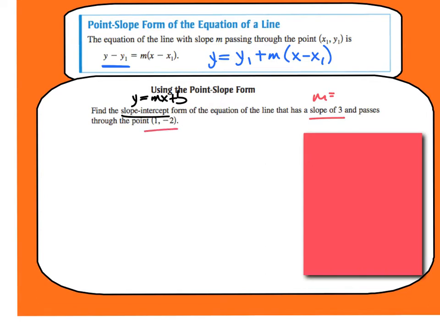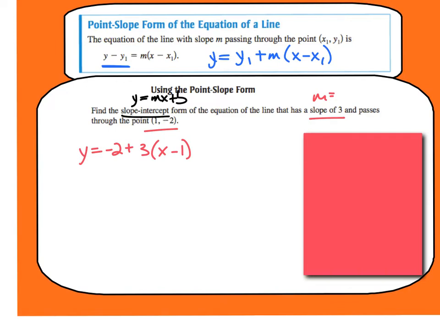So it's a point and a slope. I'm going to use point slope form because that's what they gave me. So y equals, well, what's my y1? -2. So now I have -2 plus my slope of 3 times the quantity x minus 1.